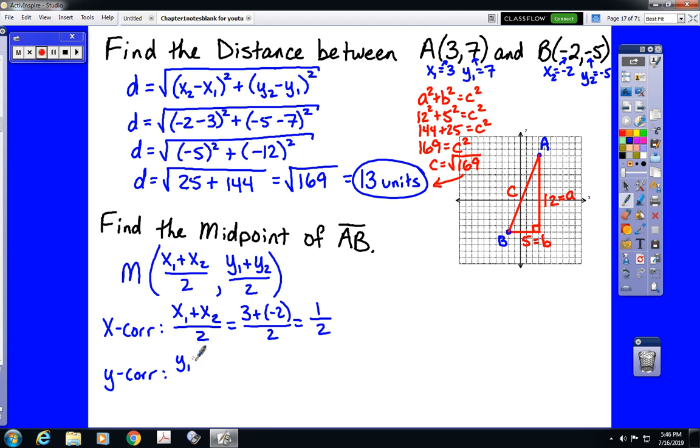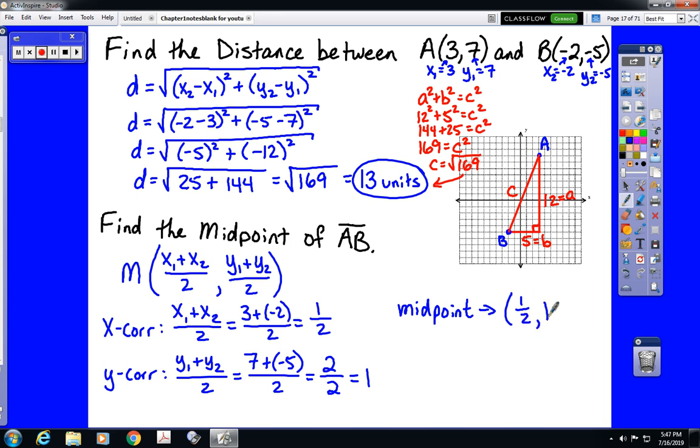We do y1 plus y2 divided by 2, which is 7 plus negative 5 divided by 2, which is 2 divided by 2, or 1. So the midpoint, M, is located at the point 1/2, 1.